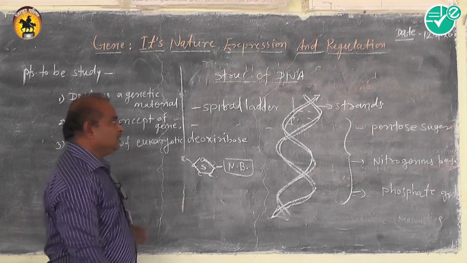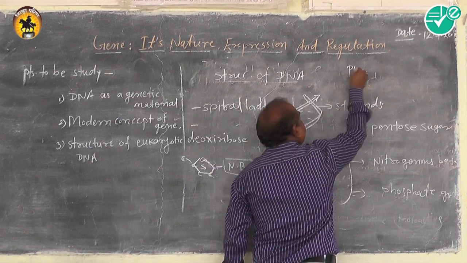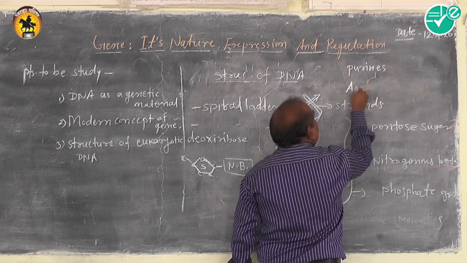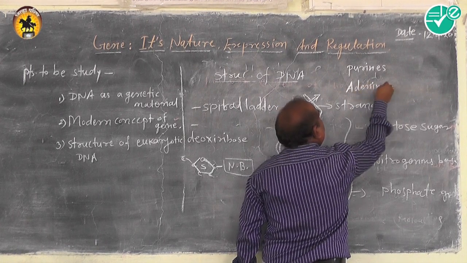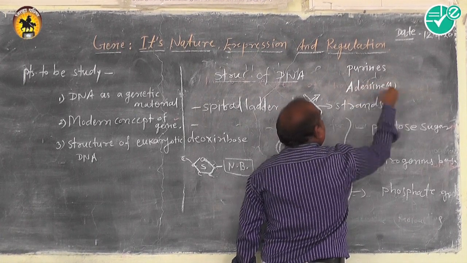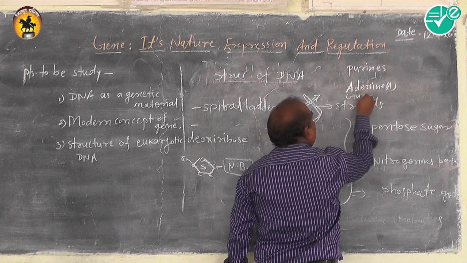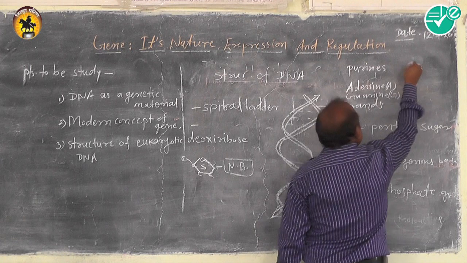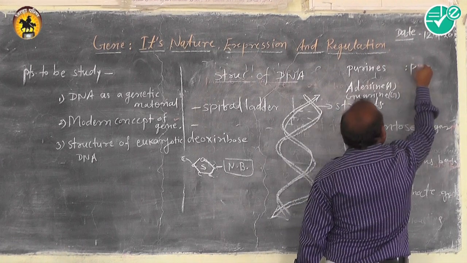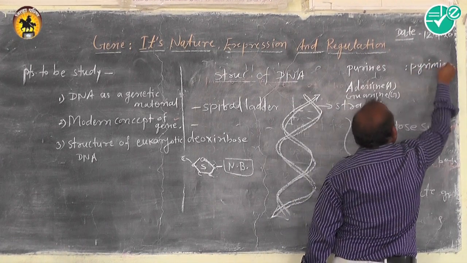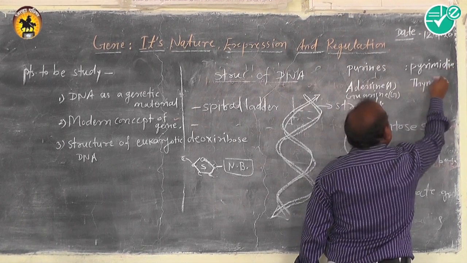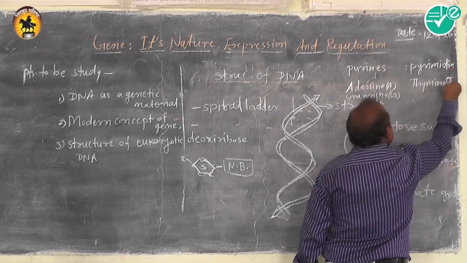In DNA, the purine nitrogenous bases are adenine, that is A, and guanine, whereas the pyrimidine nitrogenous bases are thymine and cytosine.